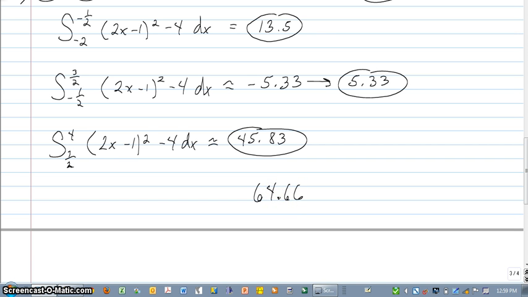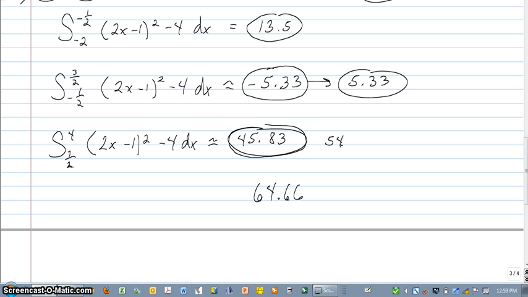And of course, if you had wanted to keep these as fractions, you could have done that, which might have been better to get a more exact answer. But what we also notice is that if we take 13.5 minus 5.33 and then add 45.83, we come to our original answer, which is 54.